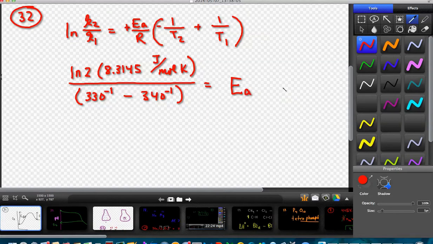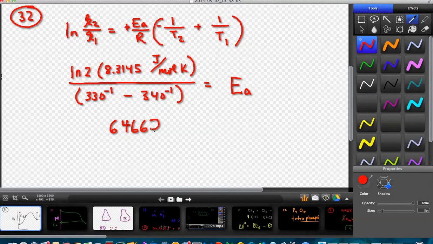And once we begin putting in values, I get an answer of 64662.8 joules per mole.